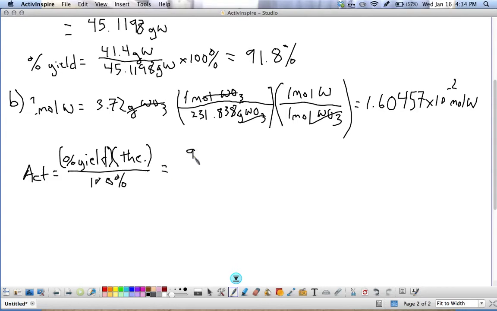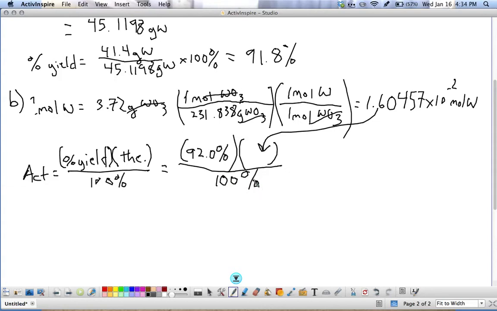I get 92.0%, the percent yield given in the problem, times the theoretical yield over 100%. Percents cancel out. And I get, with 3 sig figs, 1.48 times 10 to the minus 2 moles tungsten. Alright, so that's part B.